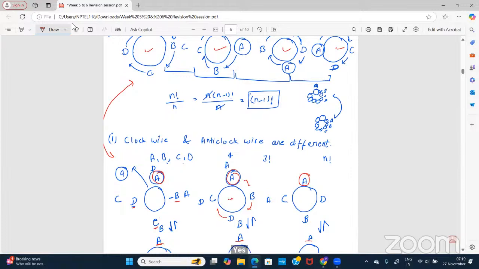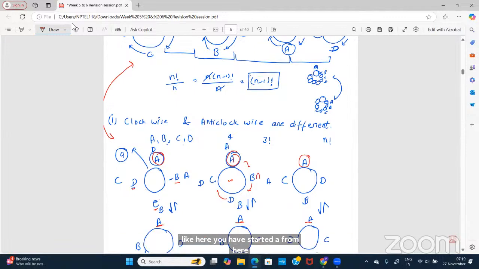You can rotate this one also. If you rotate this one, like here you have started A from here. Next, you can do A here, then B here, then D at this position. This is anti-clockwise. What I'm doing is just rotating this thing.